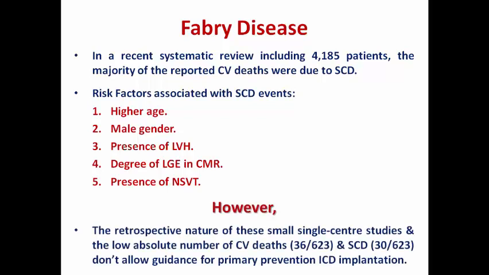However, the retrospective nature of these small single-center studies and the low absolute number of cardiovascular deaths did not allow any guidance for primary prevention ICD implantation. That's why there are no specific recommendations for ICD in those patients so far.